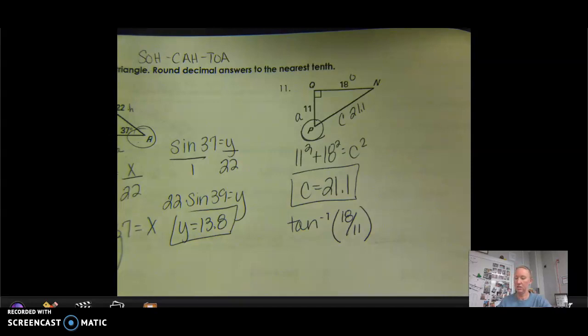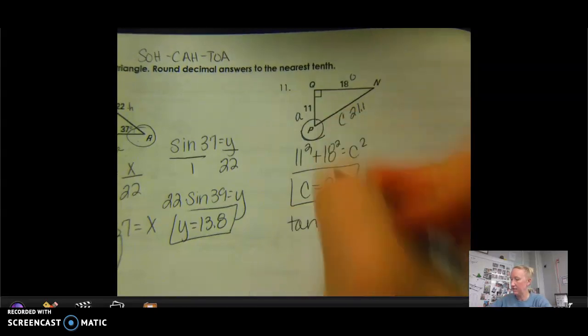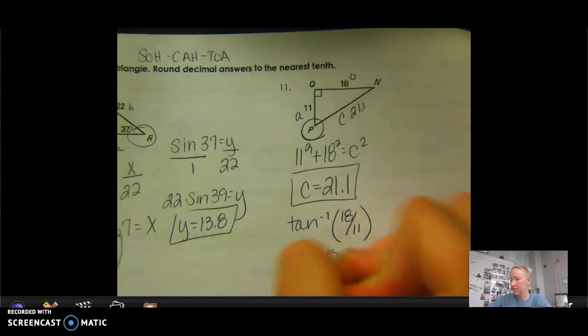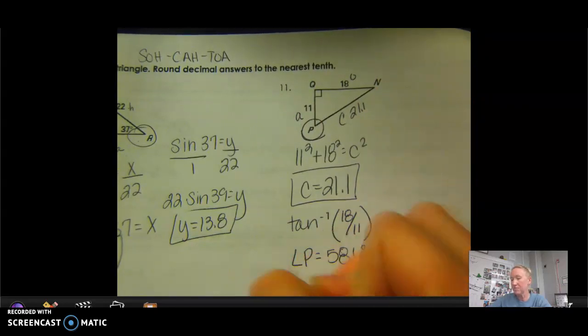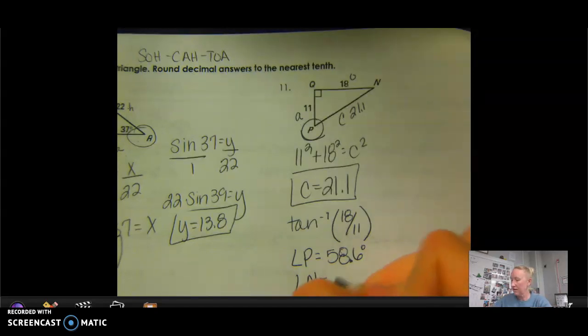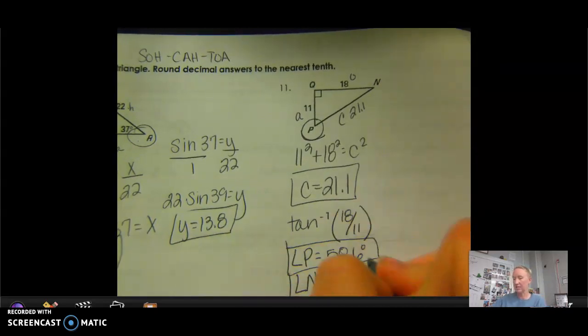So tangent inverse of 18 divided by 11 gives me that angle P is equal to 58.6 degrees if I round correctly. That leaves me with N, which I can just subtract from 90, and I get 31.4 degrees for N. And so then I found all the missing angles and side lengths.